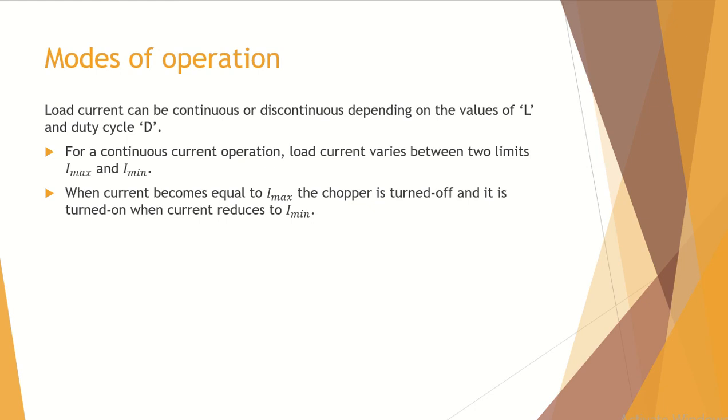So what does it mean? That the current through the inductor is continuously flowing. Firstly, due to the source, and during the off time due to the energy stored in the inductor. So in the continuous current mode, the current is always flowing through the load.